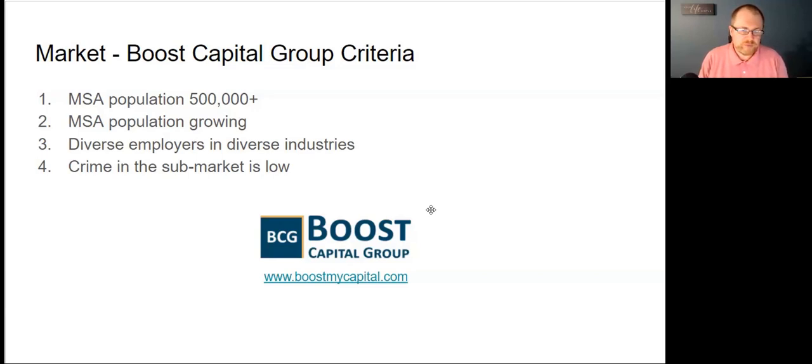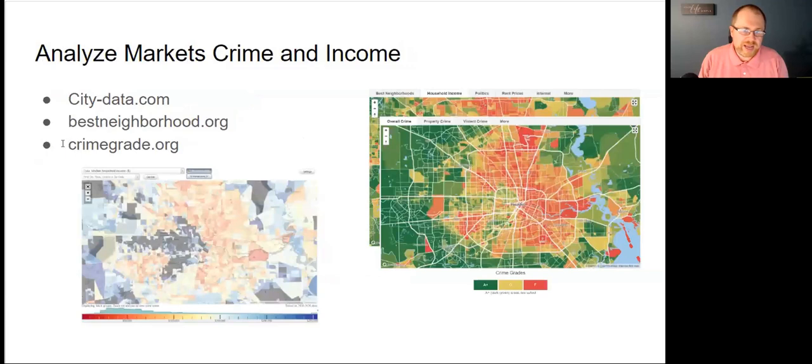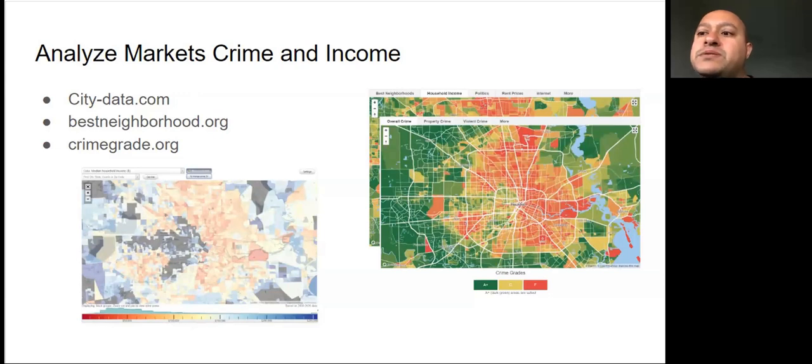Paul is asking about checking the level of crime in the downtown proper. Why just submarkets? Again, I like to use crime grade. You can use city data. My personal opinion is, if you look at a market like outside of Chicago, the crime may be high in Chicago, but the suburbs are pretty safe, so there's no reflection of the crime in the suburbs.